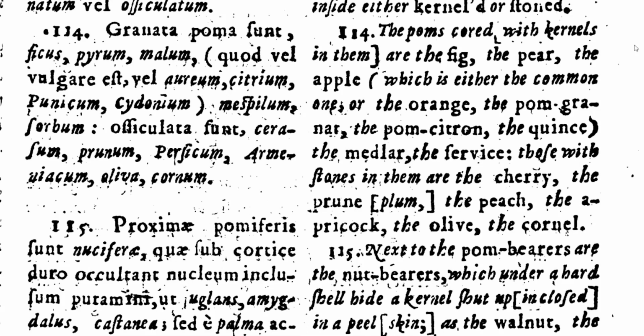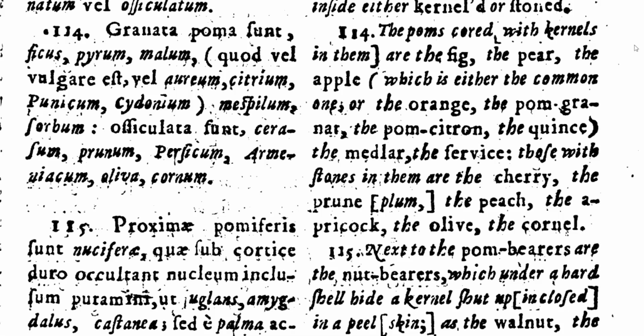Paragraph 114. Granata poma sunt. The poms, that is the soft fruits, cored with kernels in them, the ones that have grainy kernels are ficus, the fig, perum, the pear, malum, the apple.